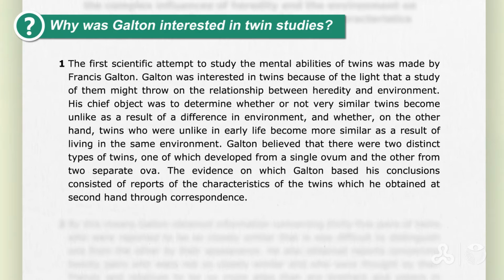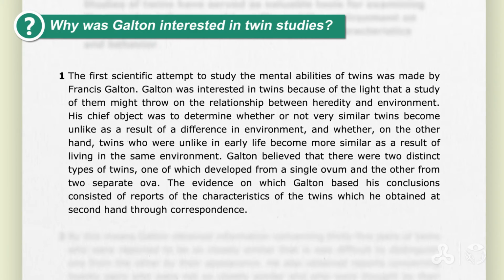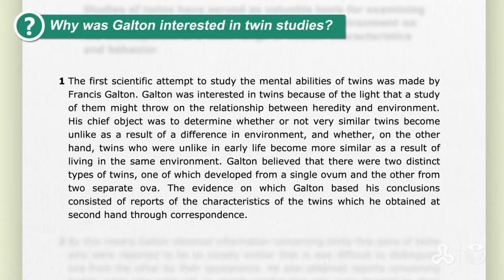So in order to answer the question, we already know that you should look for key words from the question in the text. So I'm sure that you noticed in the second sentence of paragraph 1, it says, Galton was interested in twins because of the light that a study of them might throw on the relationship between heredity and environment.